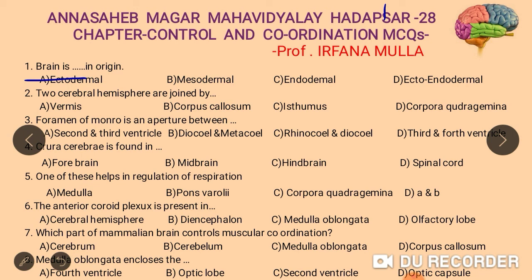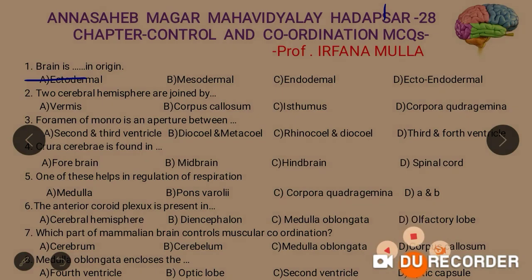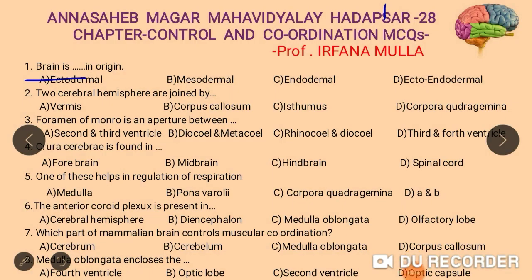Now the next question. Which part of the mammalian brain controls muscular coordination? Cerebrum, cerebellum, medulla oblongata and corpus callosum. Friends, you know about that.